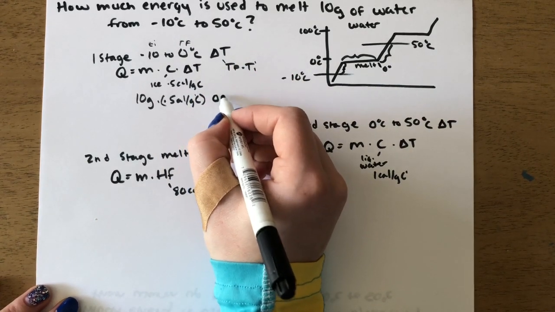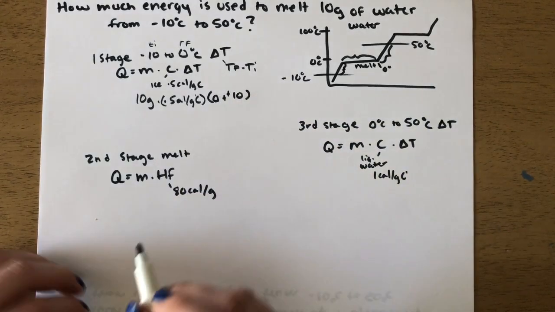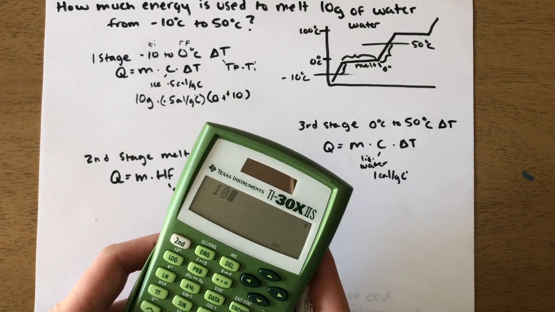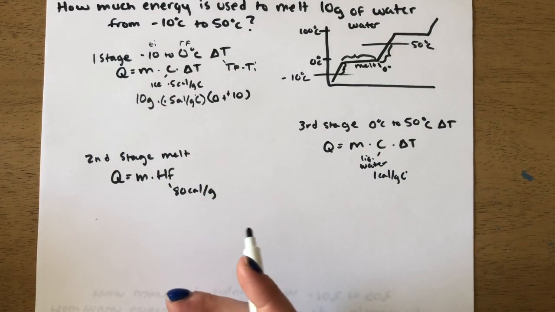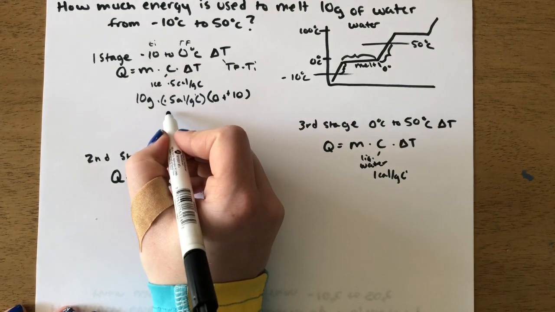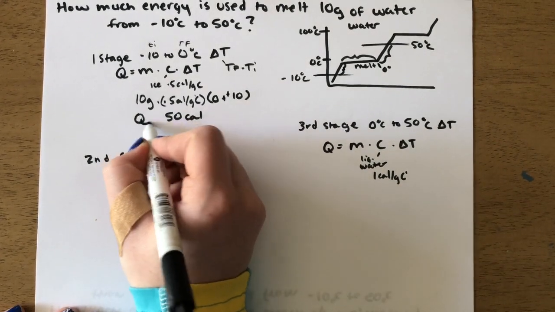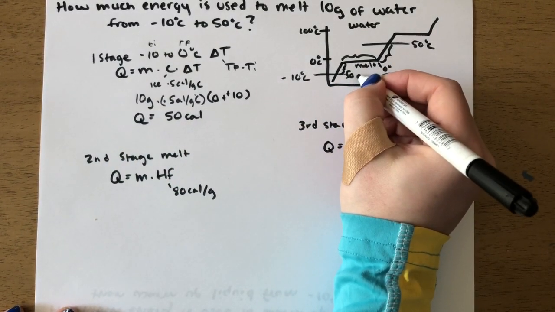So it's going to be 0 minus -10. So we're actually going to add those together. So if we multiply those across, we get 50 calories for the amount of energy used for stage 1.